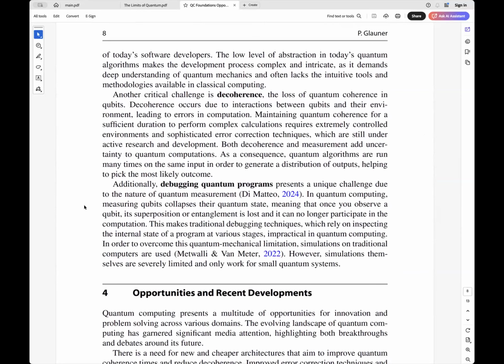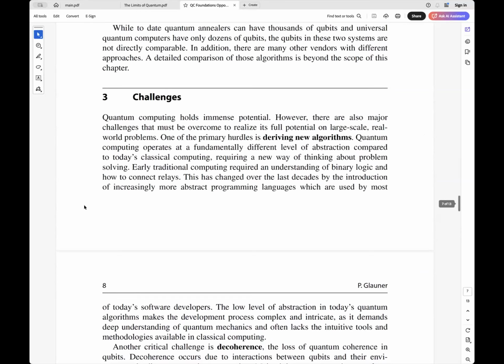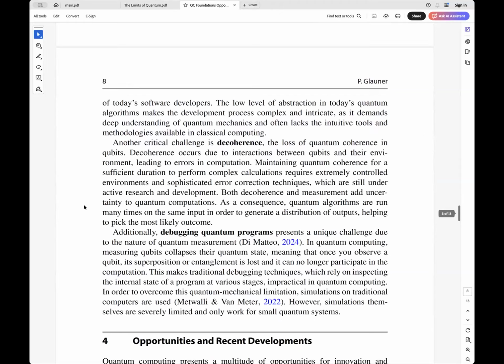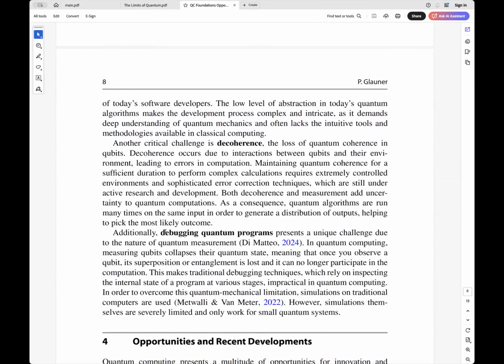And something that you would also probably struggle with, because of quantum mechanics, is debugging quantum programs. Debugging is very common in classical programming, where we debug all the time to see why an algorithm does not work, because we deal with classic values.